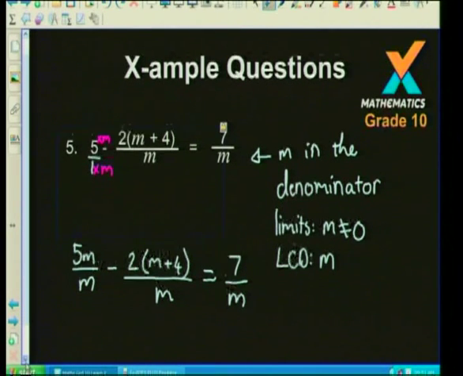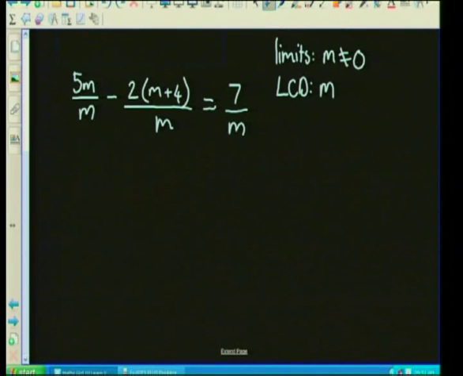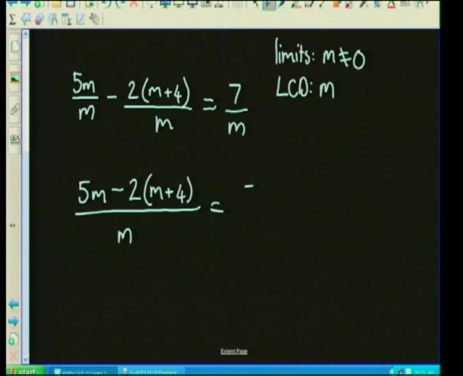The next thing I'm going to do is just put everything over one denominator. So on the left-hand side, rather than having 5m over m separate from everything else, I'll put a long line down and have it all over m. Now I have 5m minus 2 in brackets m plus 4 is equal to 7m.